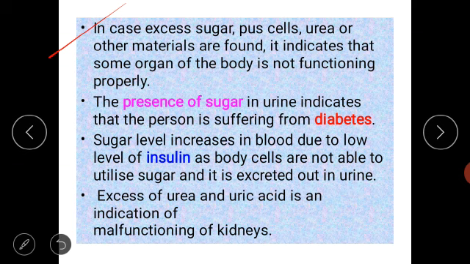Excess of urea and uric acid in the urine is an indication of malfunctioning of the kidneys, that they are not able to purify properly.